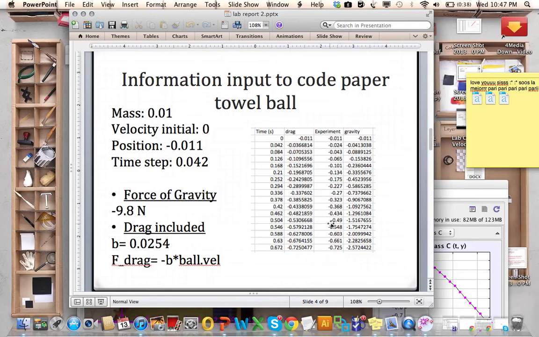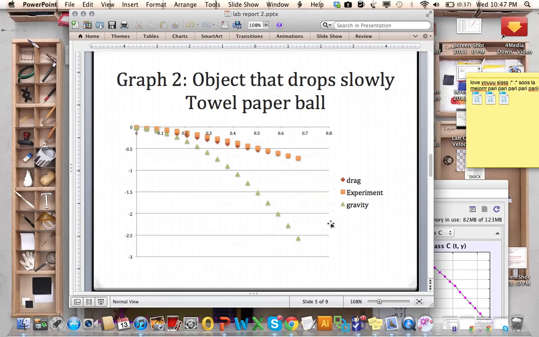And we plotted this in Excel in a chart, and we got a huge difference this time between the force of gravity only acting on the ball, and the force of both the drag and the gravity.